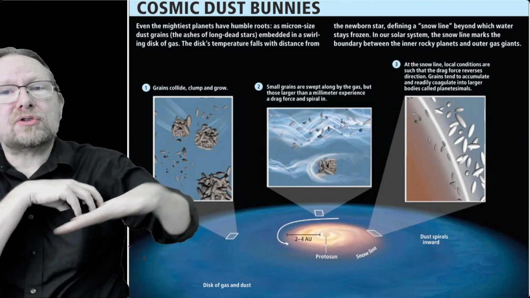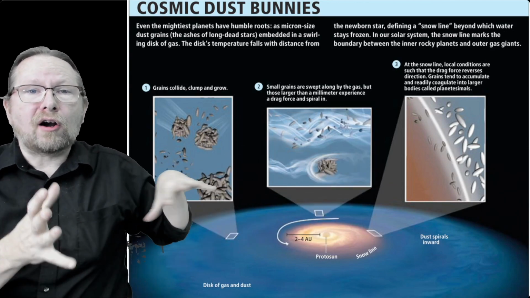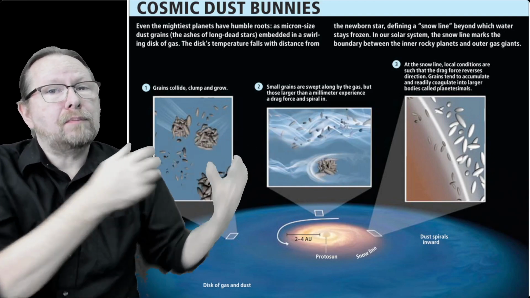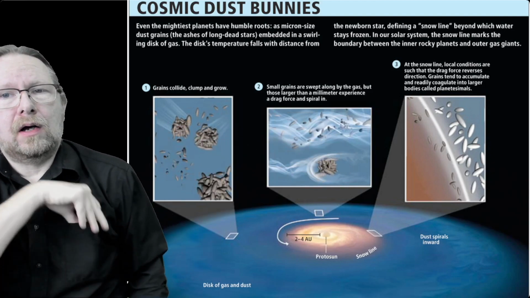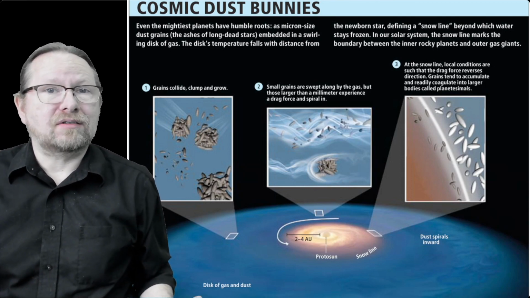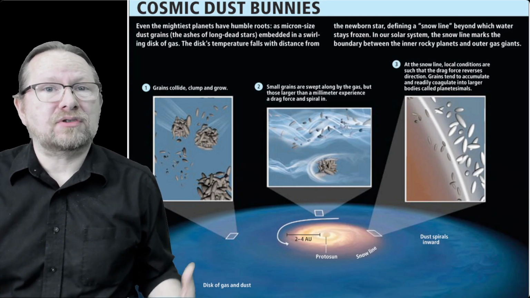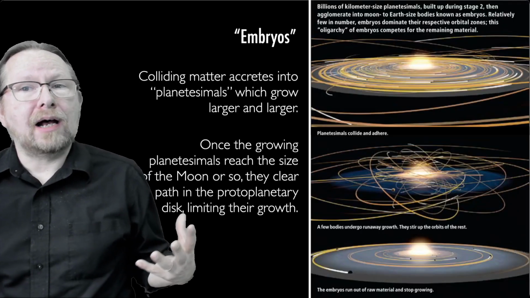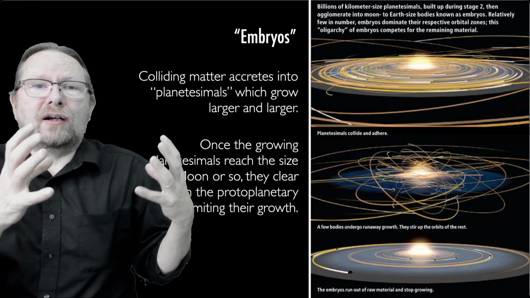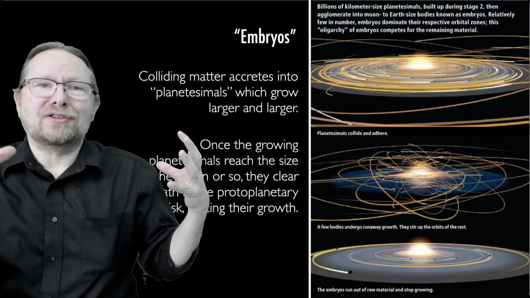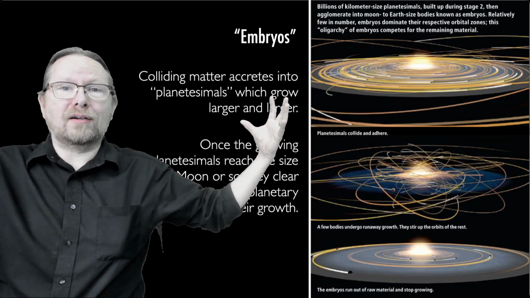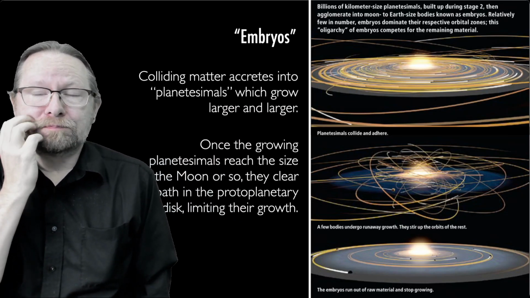So all of these objects are orbiting the sun, but they're all also interacting with one another and growing bigger and bigger over time. So we start with these loose collections of dust grains and ice crystals, until they grow big enough to be the size of a baseball, the size of a sofa, the size of a house, the size of a building.